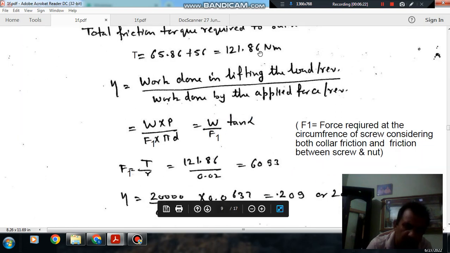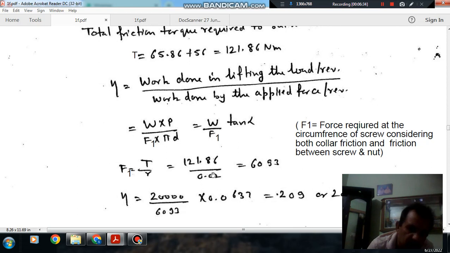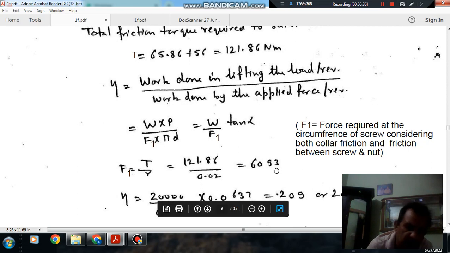So the total torque is 121.86 and the radius is 0.02, the radius of the screw. So F1 comes out as 6093.